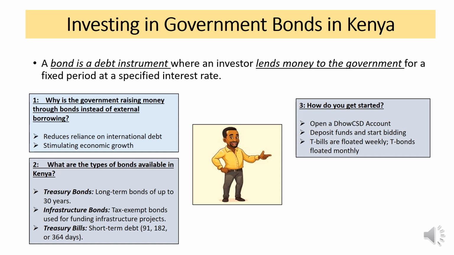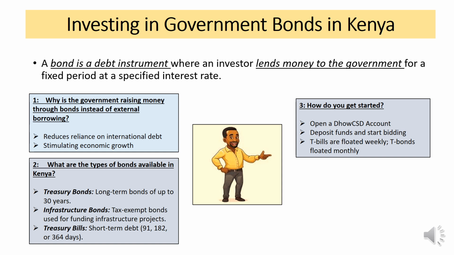The Central Bank of Kenya introduced a very innovative solution called DhowCSD. DhowCSD is a technology that allows you to create a CDS account with the central bank so that you can log into this account from wherever you are, from your phone or your laptop.